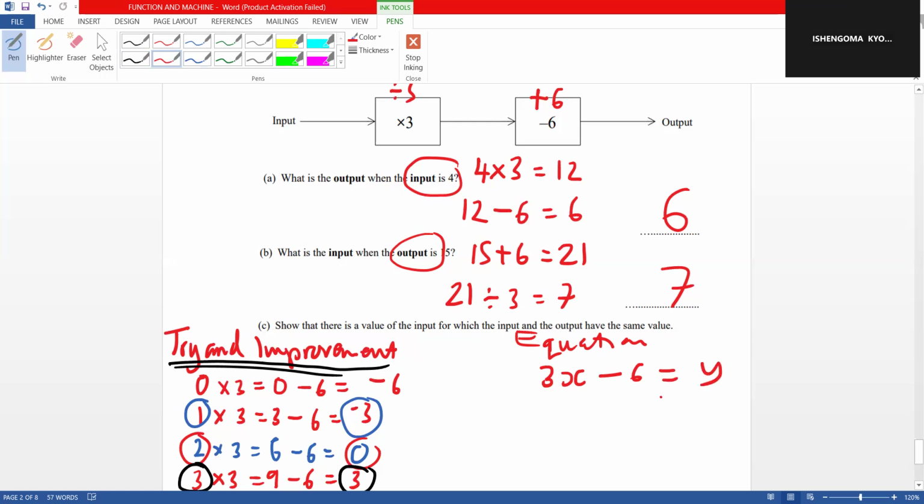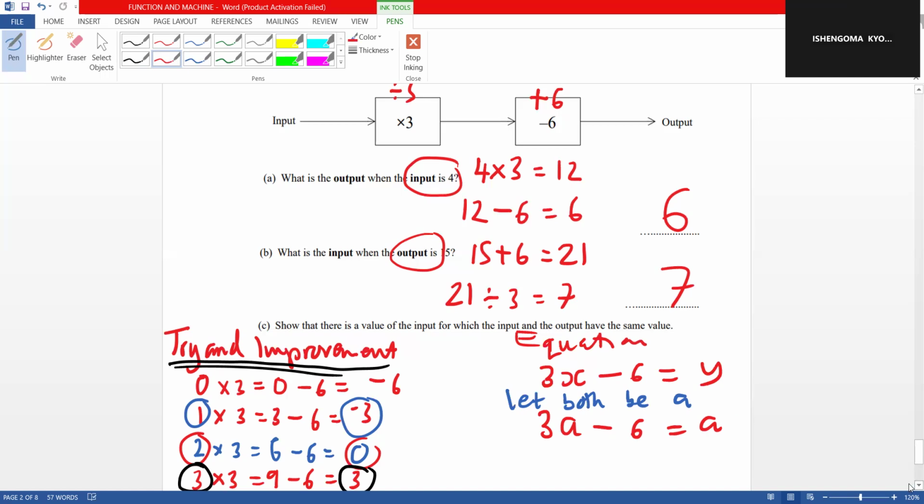So if my output is the same, I can say, for example, let both be A. Since they're the same, the equation now will be 3A minus 6 is equal to A. Since the output and input should be the same.